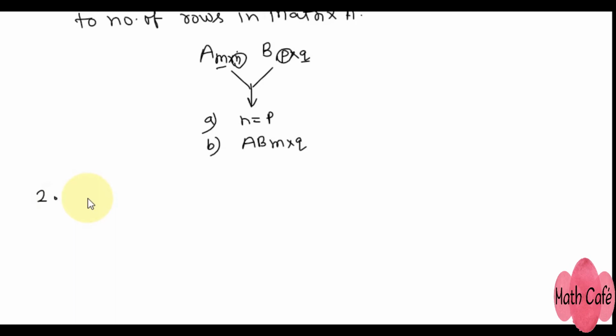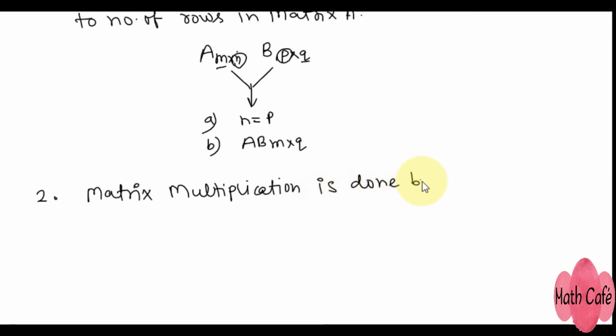In the second point we will see that matrix multiplication is done by the row by column method.